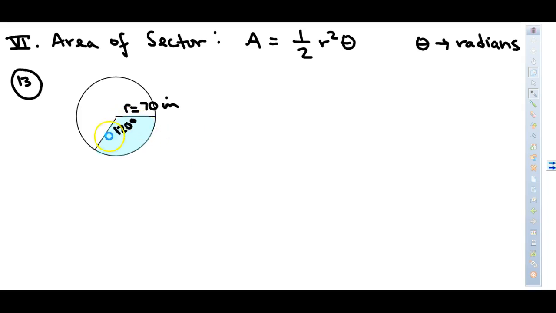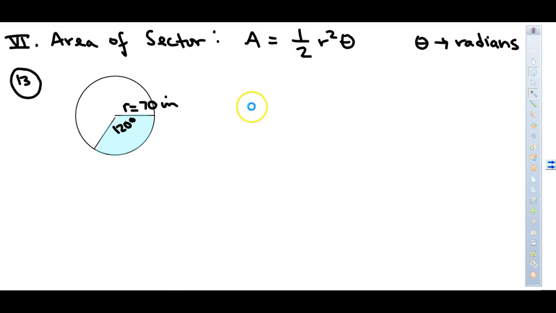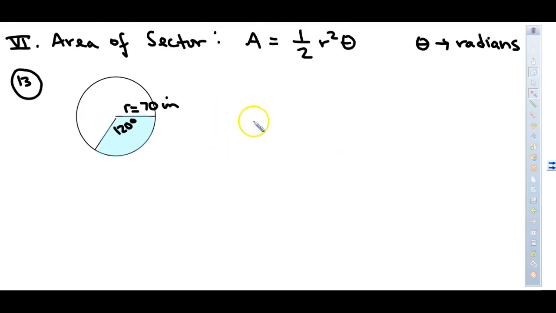Okay, so to find the area of that sector, I would just plug everything into this formula. So I would say that the area is equal to 1/2 times 70 squared times 120.